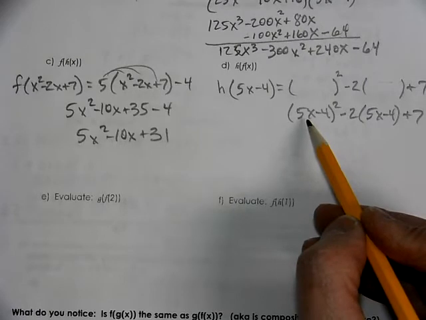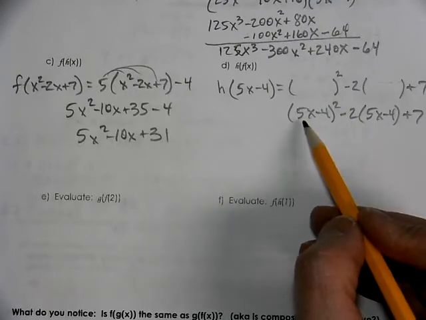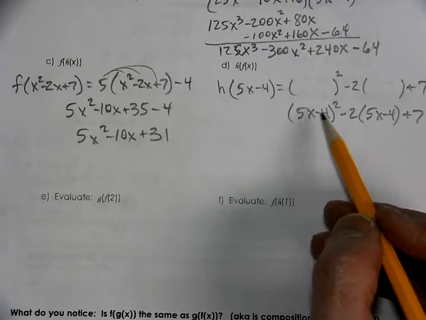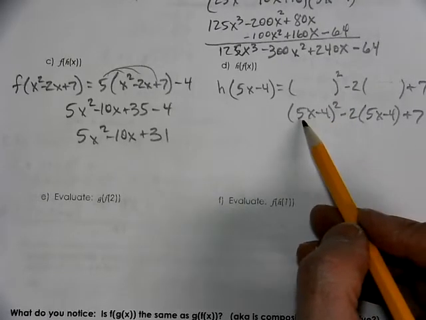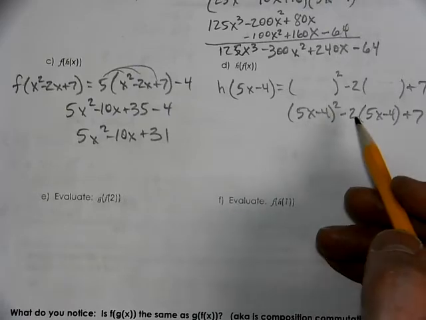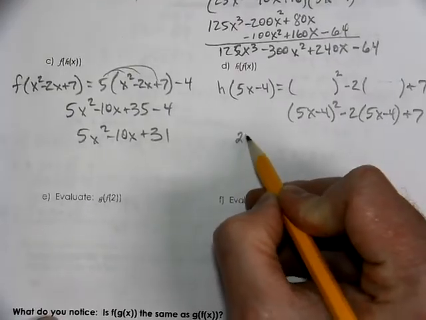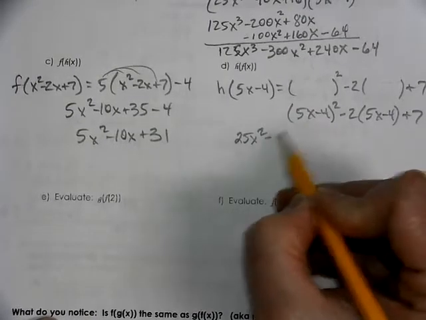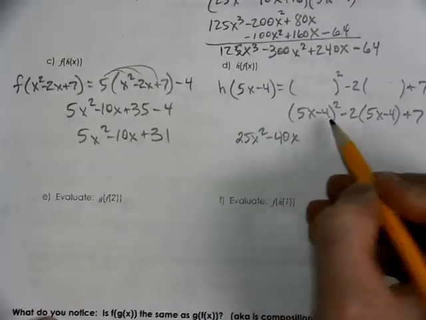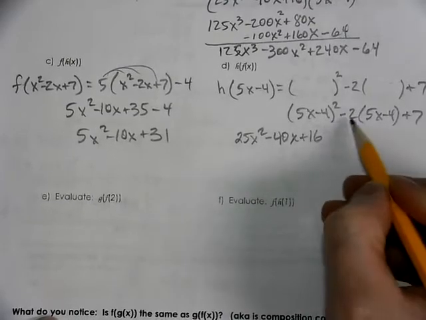Now we have to square. When you square a binomial, there is a shortcut to it, remember. You can square the first term, you can multiply the two together and double it, and then you can square the last term. So we get 25x squared minus 40x and 16.